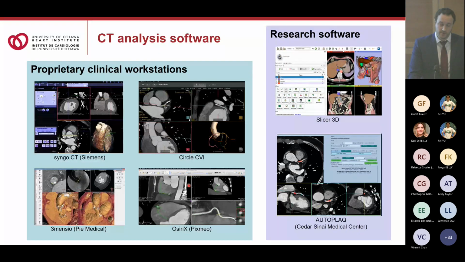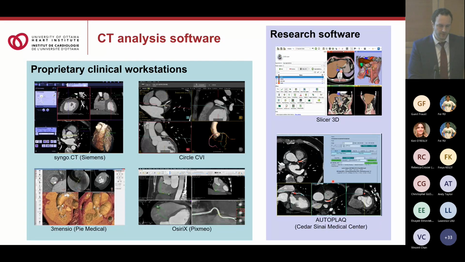So they're unfortunately not well suited to research in AI. There is some research software that has been proposed, but it is somewhat difficult for clinicians to use.